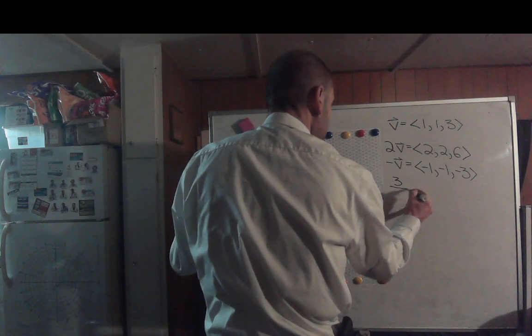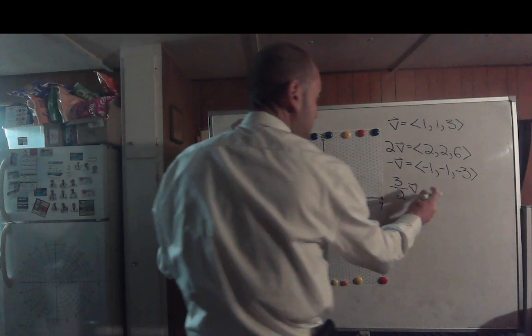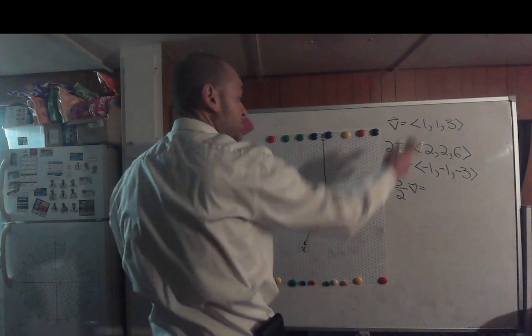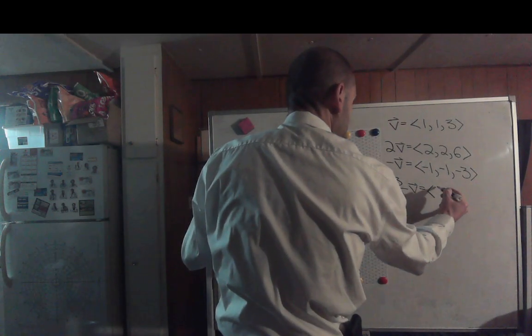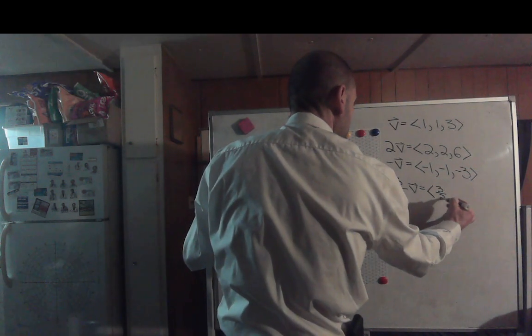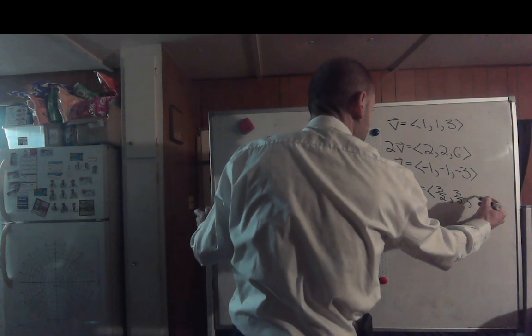And let's say I take 3 halves, because you can also have decimal and fractional scalars. So I just take that 3 halves, multiply it by my vector v. So that's going to be 3 halves, 3 halves, and 9 halves.